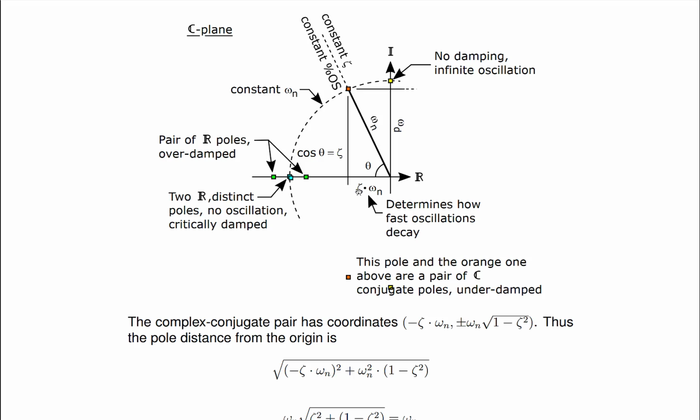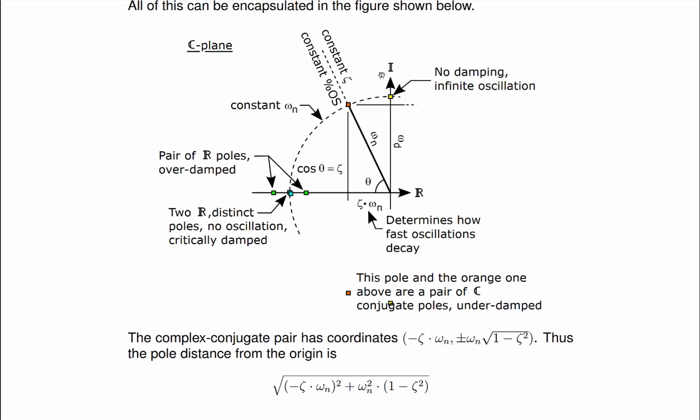Now zeta times omega n actually determines how fast the oscillations die off. So anything along this line will have the same rate of decay of oscillations regardless of where the roots are along here. So there's a lot of information contained in this figure, and actually that's the confusing thing about it, in that it's just too much information there, or it takes some time to understand it.